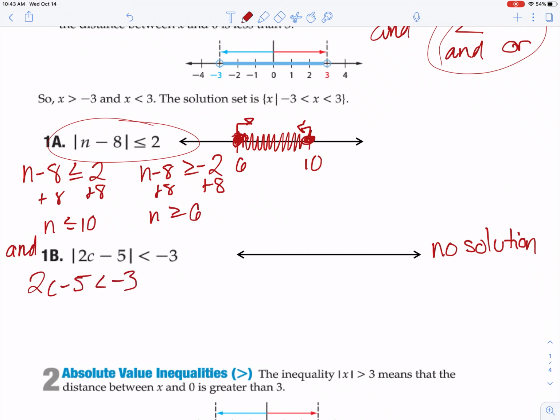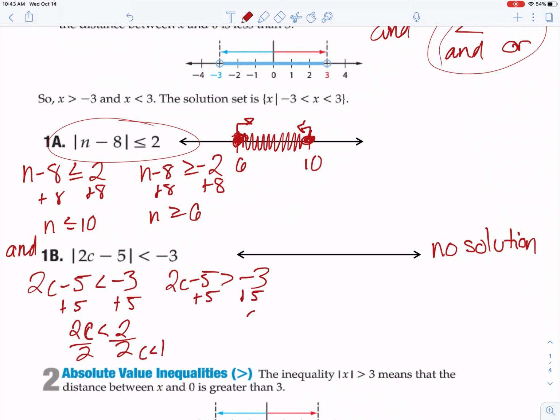So let me, 2c minus 5 greater than negative 3. Let me just kind of solve this really quick, and I'll show you what I mean. 2c is less than... Oops, that's supposed to be a C. So C is less than 1. Oh, I feel like I forgot to make it positive, that's why.